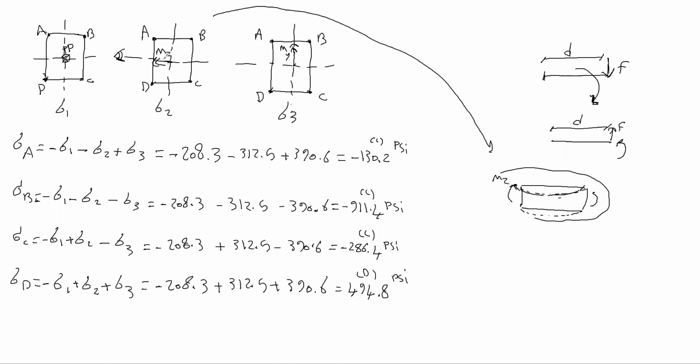Just look at here, maybe it's easy to understand. Put your thumb in the direction of MZ, and your four fingers compress A and B, which means that's compression. And the other points below the Z-axis would be under tension, right?